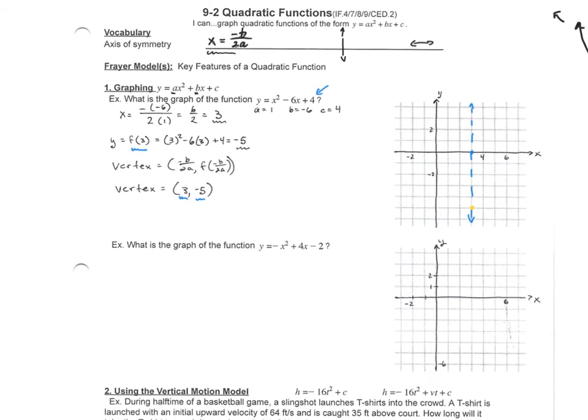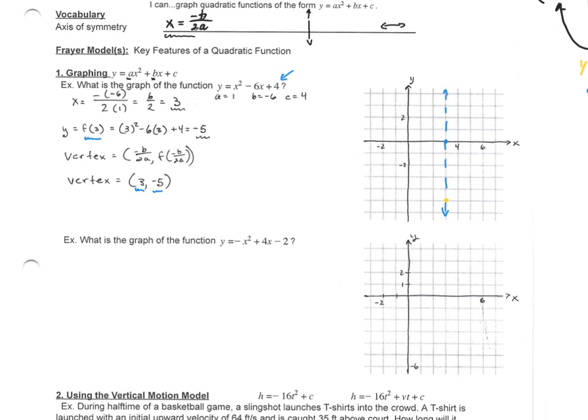So I was able to find those 2 points, and let's see, what else can I graph? Some of the things that I know that, well, when x equals 0, what does y equal? And that is simply looking at this last value over here.